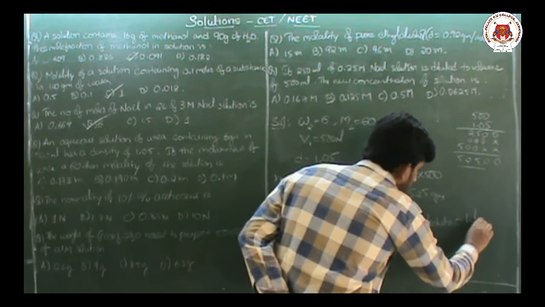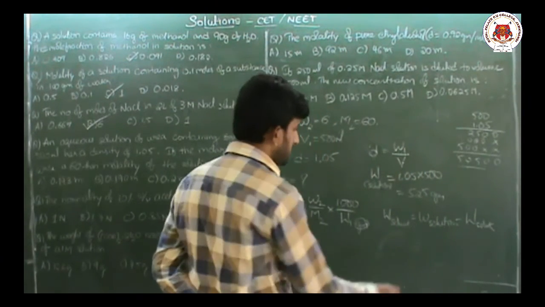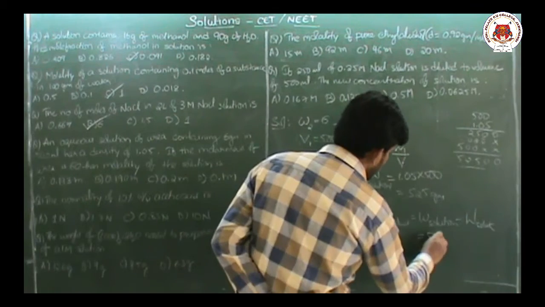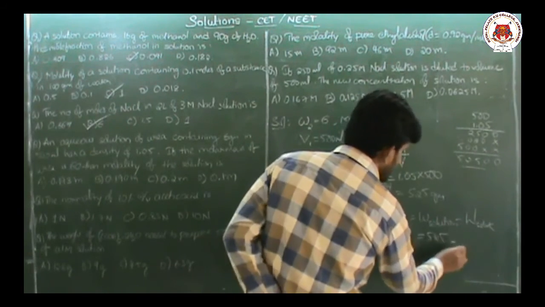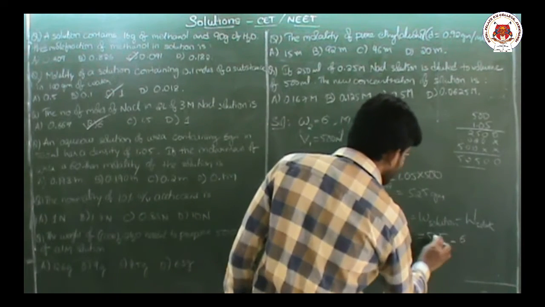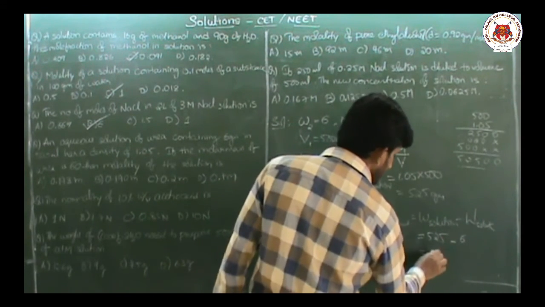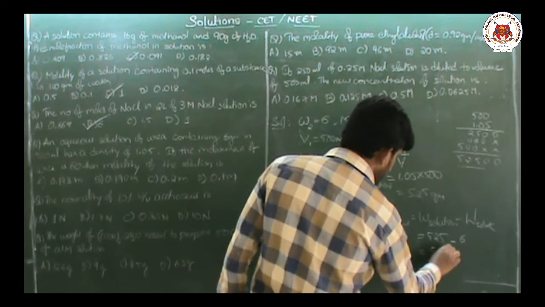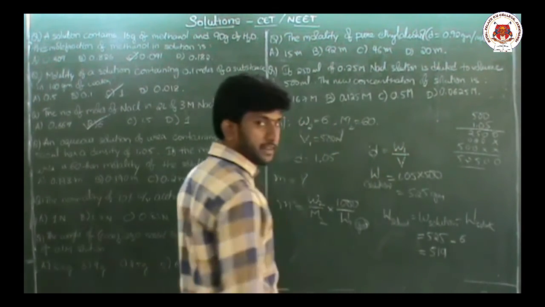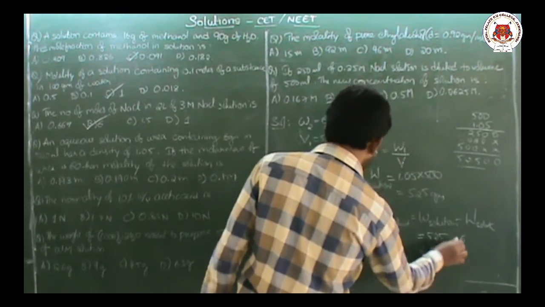So 525 means what is the solute present in it? 6 grams urea. So 525 minus 6 we should do. 525 minus 6 means it is 519. So that is the actual weight of solvent, 519.